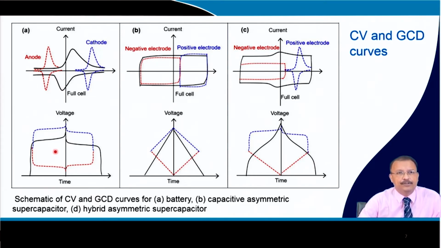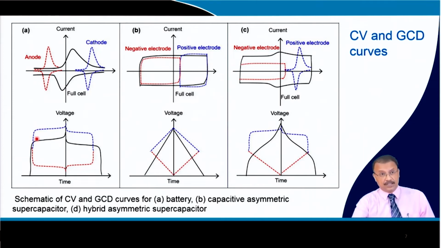In case of a battery also you can achieve a similar thing, working on the voltage range for the half cell. If the positive electrode is getting charged, the negative electrode is getting discharged. So, you can see what kind of voltage you will be getting out of the full cell.